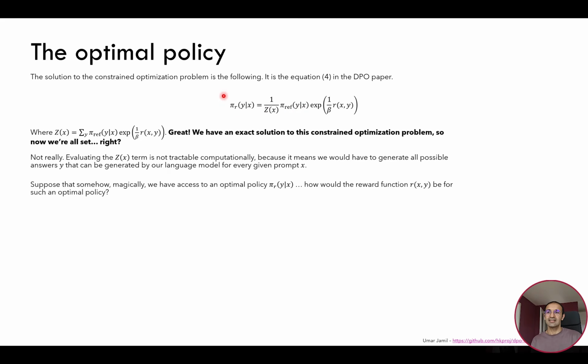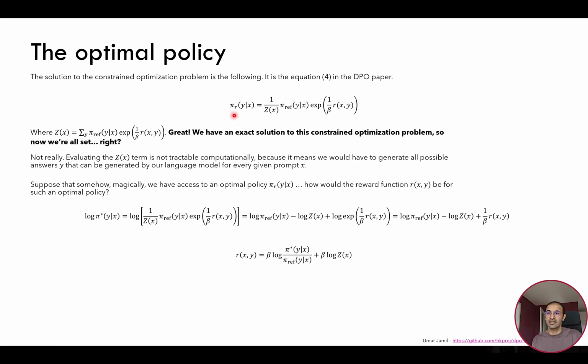If we have this term, we can compute the optimal reward model with respect to the optimal policy. How? Well, we can just isolate this r(x, y) term from this expression, and it's very easy to compute because we can apply the logarithm on the left and the right side of this expression. So let's do it step by step.